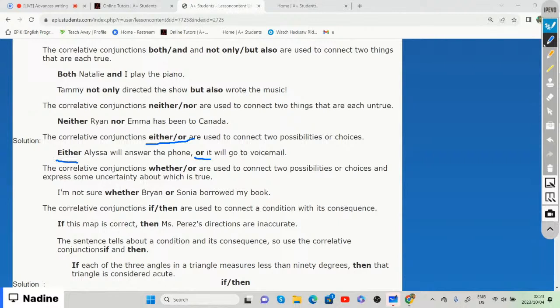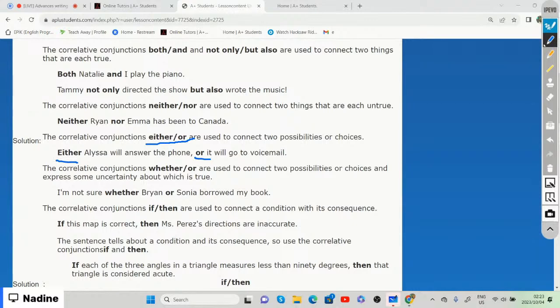So it's either Alyssa will answer the phone, meaning there's a possibility, or it will go to voicemail, or there's a possibility it might go to voicemail. And that is how we use the correlative conjunction either or.